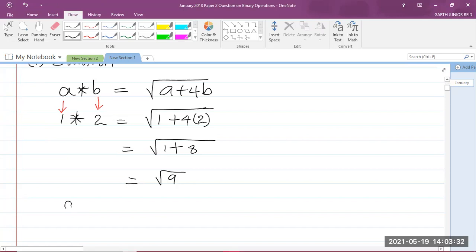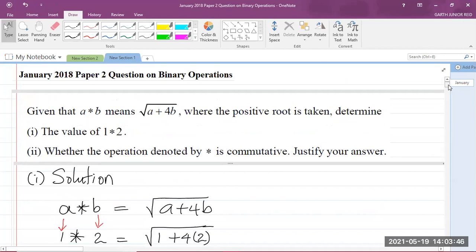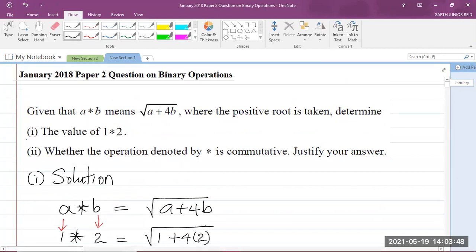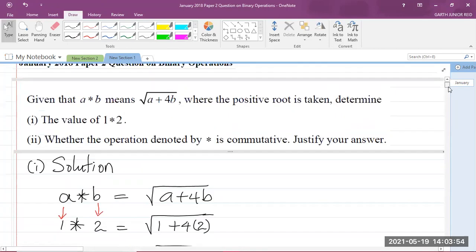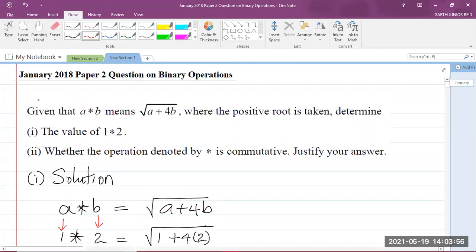So 1 star 2 is equal to the square root of 9, which is 3. That is my answer for part 1. The value of 1 star 2 is 3.